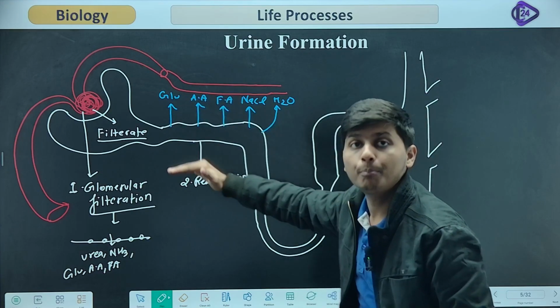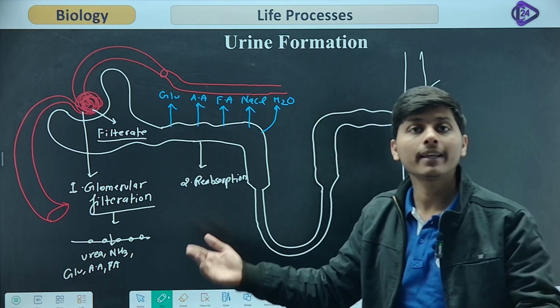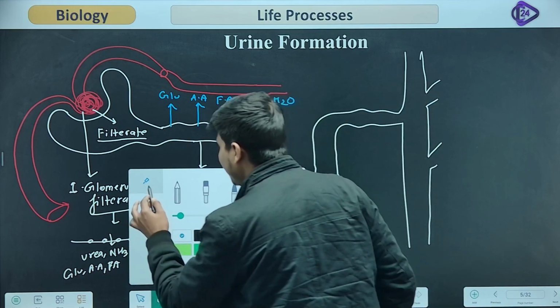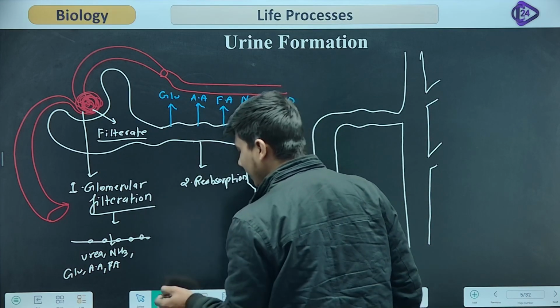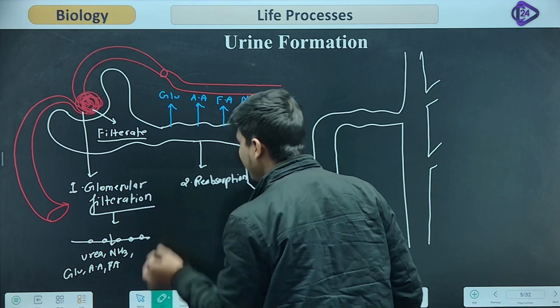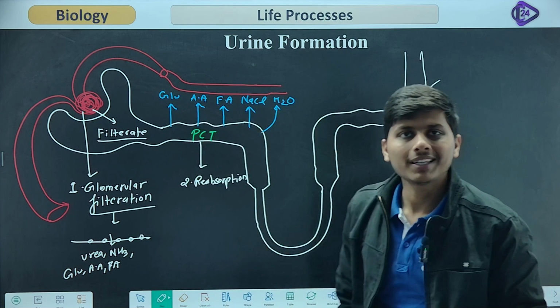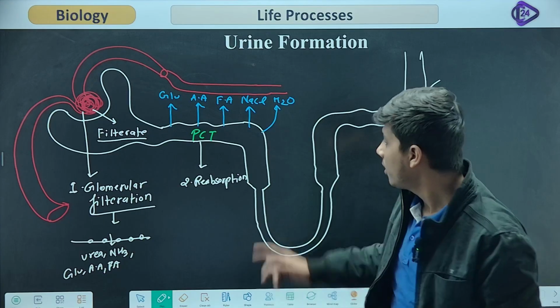Maximum reabsorption takes place in which part of the nephron? The part is called PCT. Why is maximum reabsorption occurring in the PCT? The question arises, why only this part?